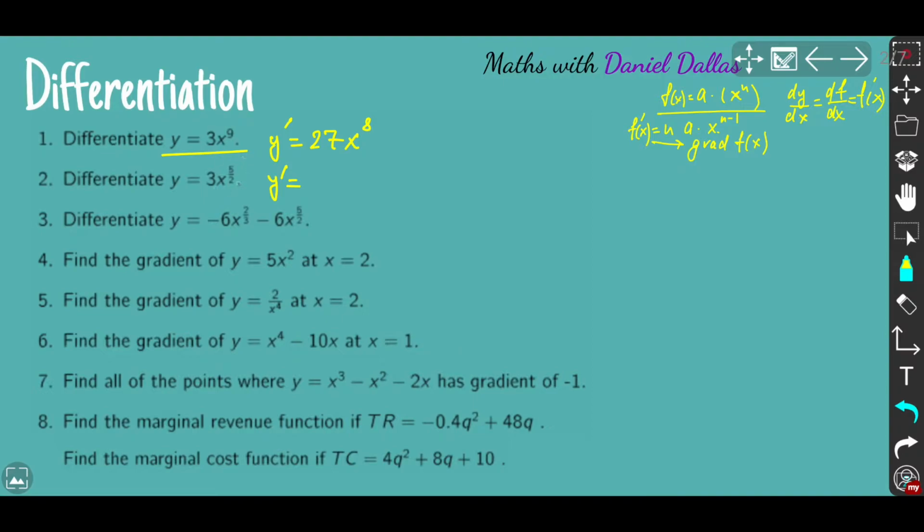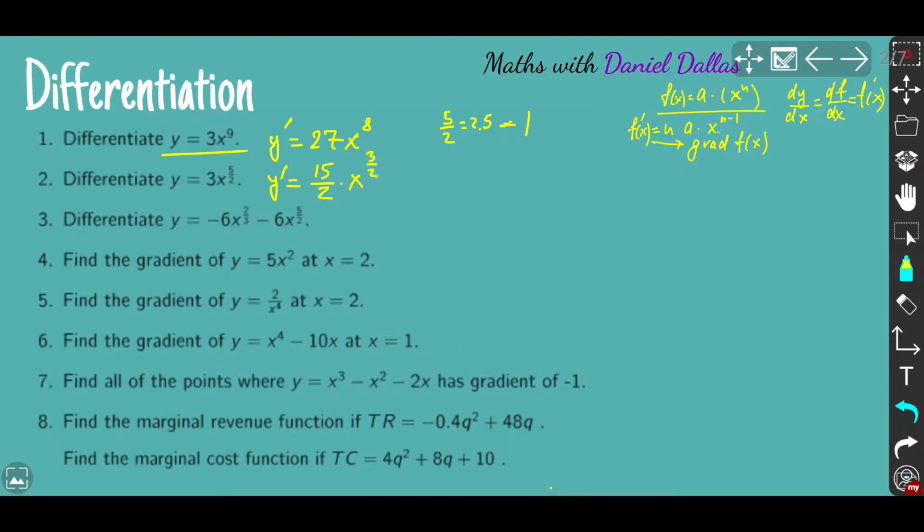You just have a fractional power, but it doesn't matter. 5 over 2 goes before, so it becomes 15 over 2, because 3 times 5 is 15, over 2. And you diminish the power by 1, so from 5 over 2, which is 2.5, you take away 1, because you need to diminish the power by 1, so 1.5 is left, or 3 over 2.